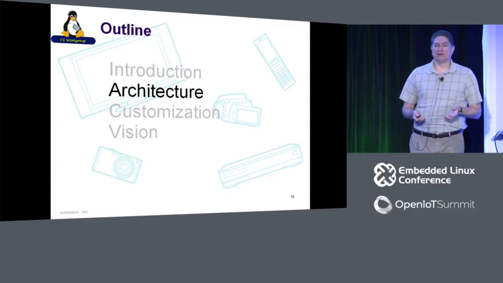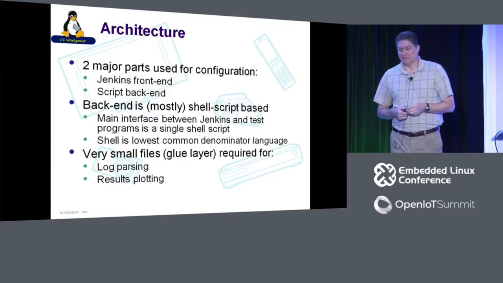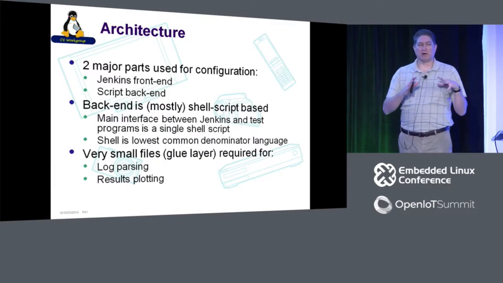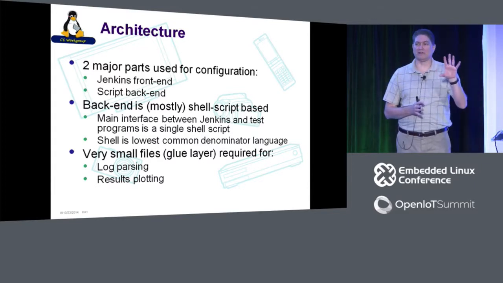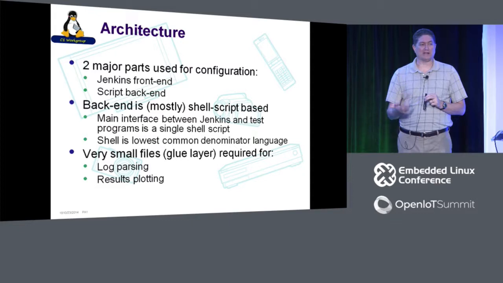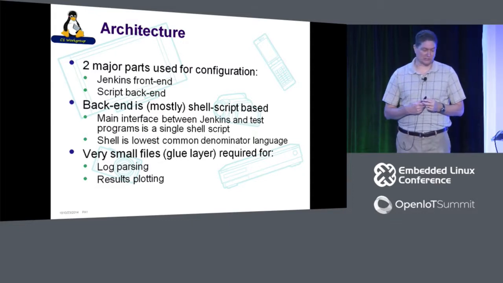So a little bit about the architecture. There are two major parts to this. There's the front end, which is in Jenkins, the user interface and the launcher for controlling the test deployment. And then you have the script backend. As a developer, when you're writing tests, as you're plugging boards into the system, you need to understand our shell system.